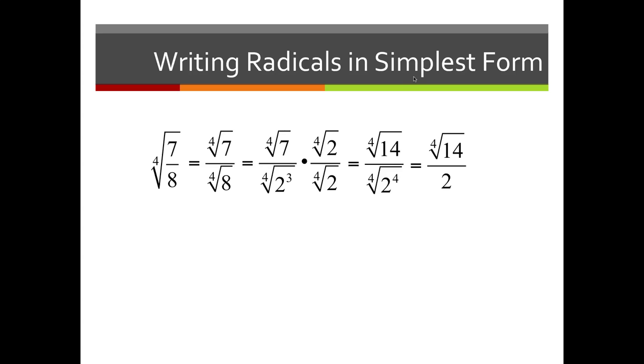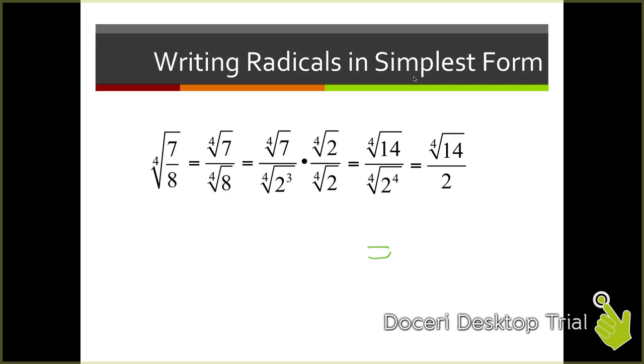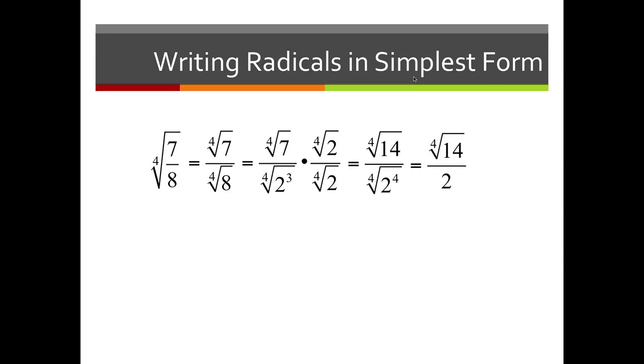Notice we did not go an extra step and try to say it was the fourth root of 7. I cannot take a number that is not inside a radical and try to divide it with a number that is inside of a radical. There's no property that allows me to do that. So that 2 got to go outside of the radical. It's in a different place.